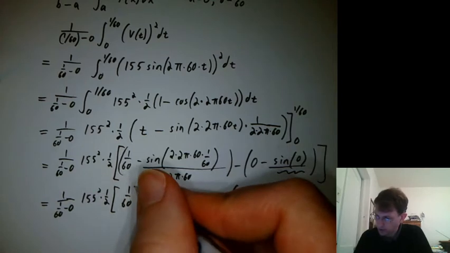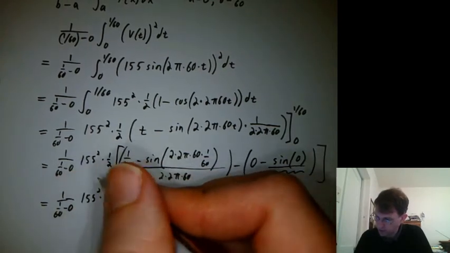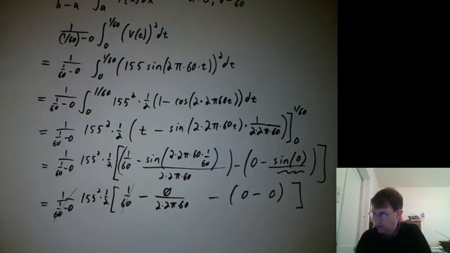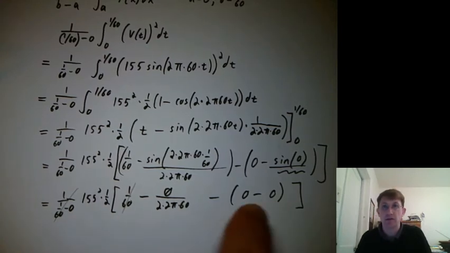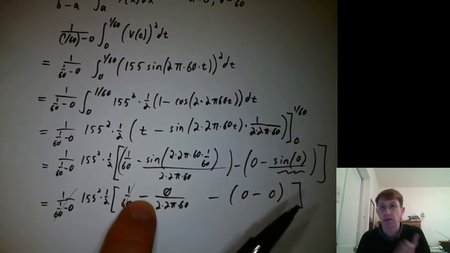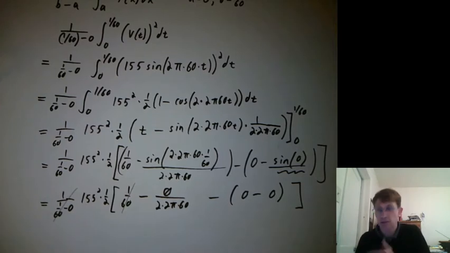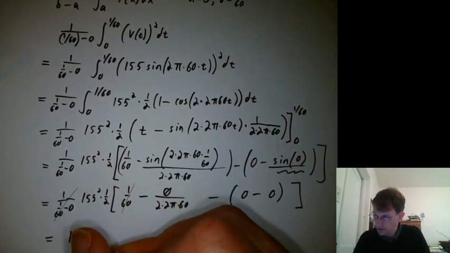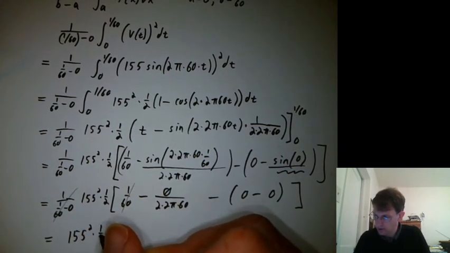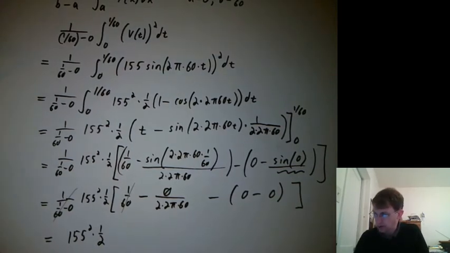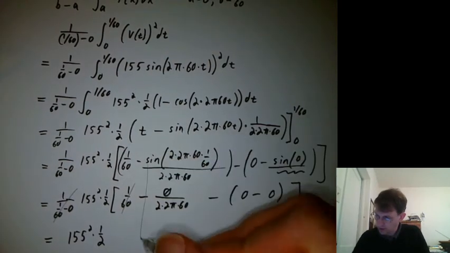So I can cancel those. I can only cancel those because these are zeros, and this is now just a multiplication rather than a multiplication with addition. So all together I get 155 squared times 1/2. Maybe I should explain this part better in writing.